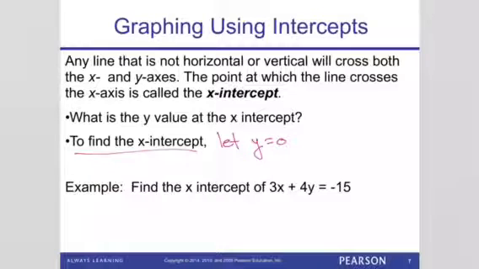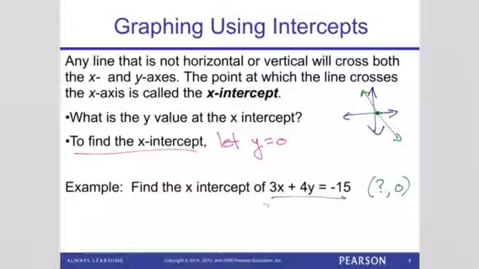Because we talked about how if you have a graph, most graphs have an x and y intercept. So in this graph right here, the green line, the x-intercept is right here, and that happens when y is 0. So down here in this example, we're going to find the x-intercept, which means we're going to have something, 0.